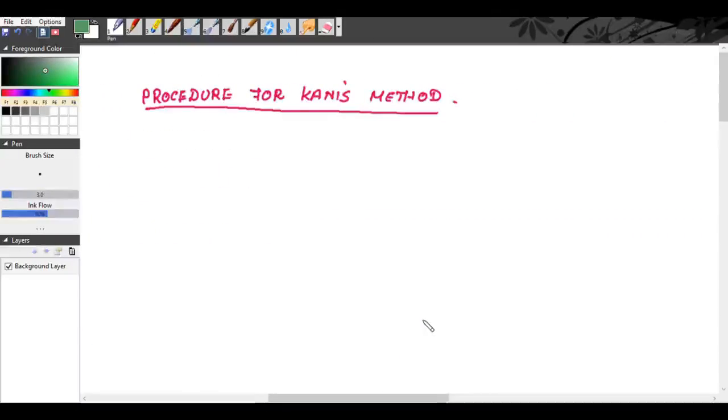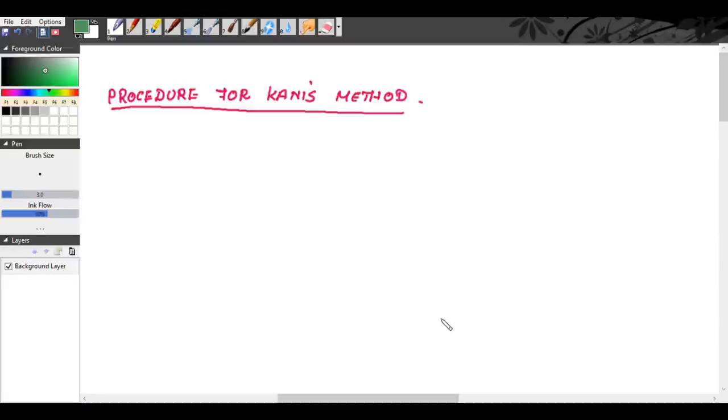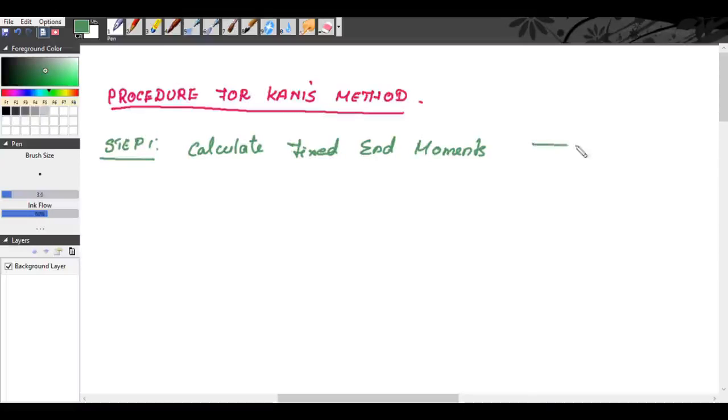Now, we will move on to the procedure for analysis using Kani's method. So, our step 1 will be as usual to calculate the fixed end moments. Calculate fixed end moments by assuming all the supports are fixed. So, if the supports are fixed, there will be negative moments.